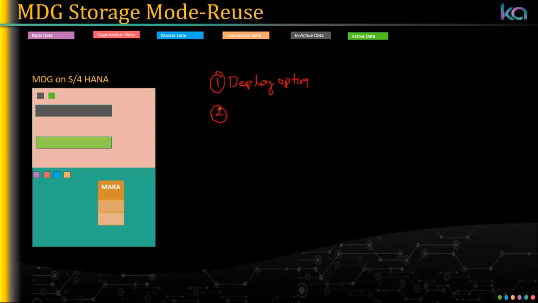Second, deployment options plus storage modes. Next, we'll talk about the data model. Then we should actually talk about UML modeling, but I'm talking about process modeling.